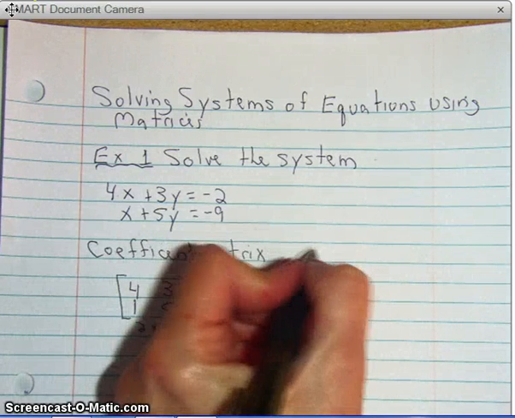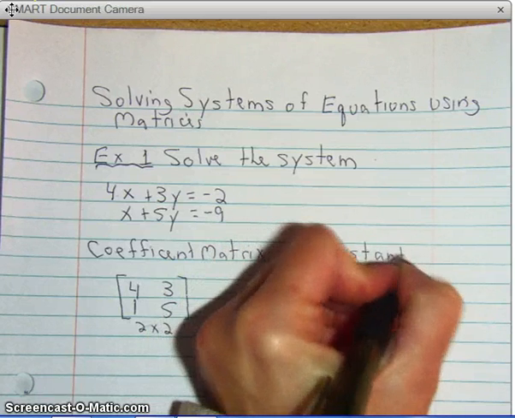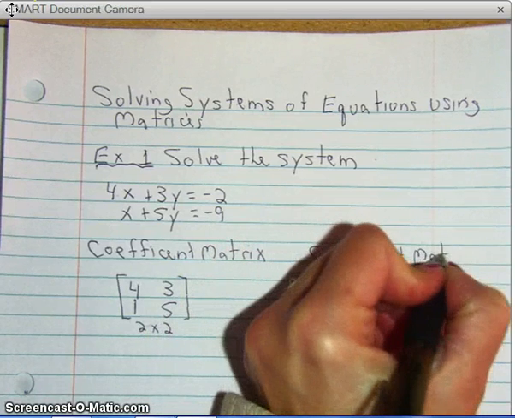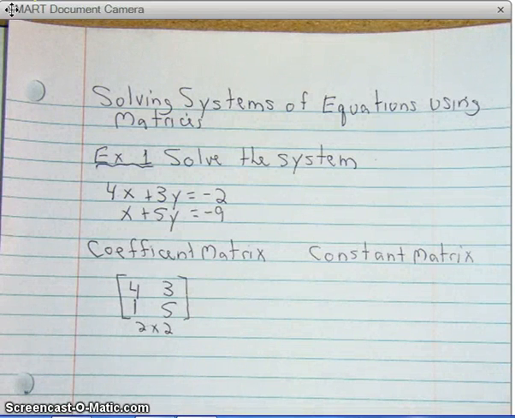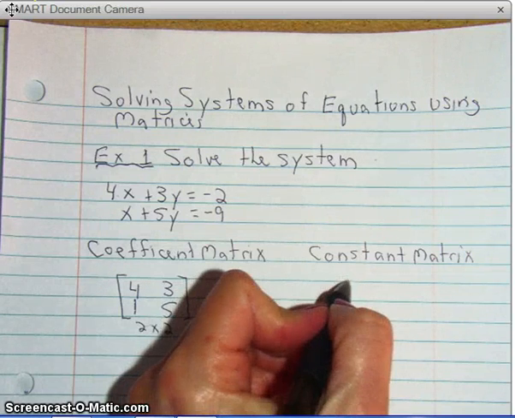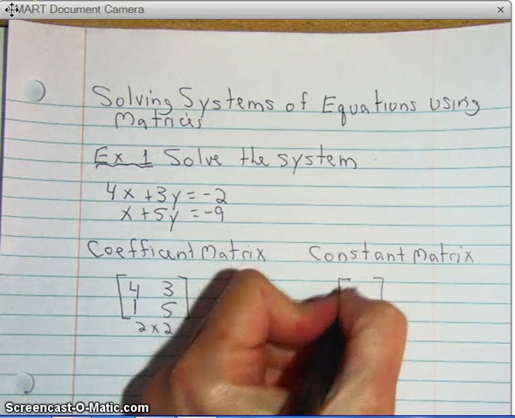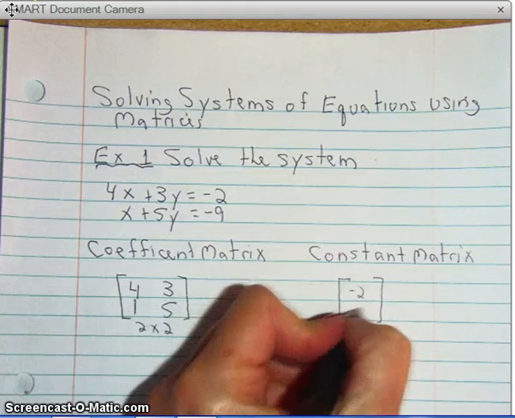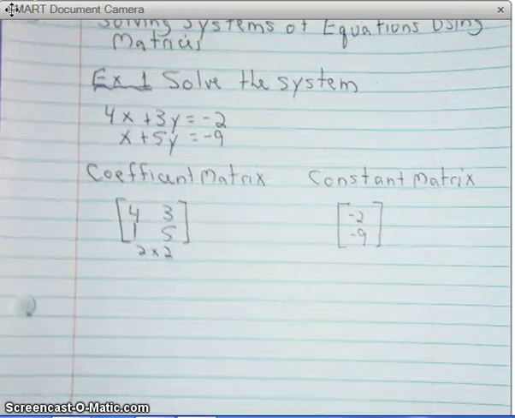All right. Then I need you to store the constant matrix. The constant matrix are just the constants that each equation equals. So that we're going to store in a 2 by 1. And it's just -2, -9. Okay.